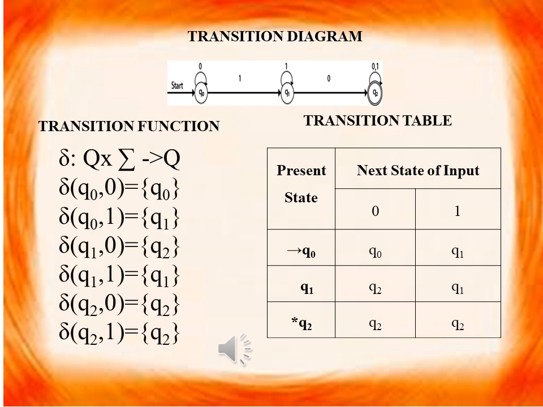Q1 and 1 is the self loop, which gives the value 1, so we are writing Q1 here. And Q2 having the 0 and 1 as a self loop, these two values as the input to the same Q2, so we are writing Q2 in the same 0 and 1.